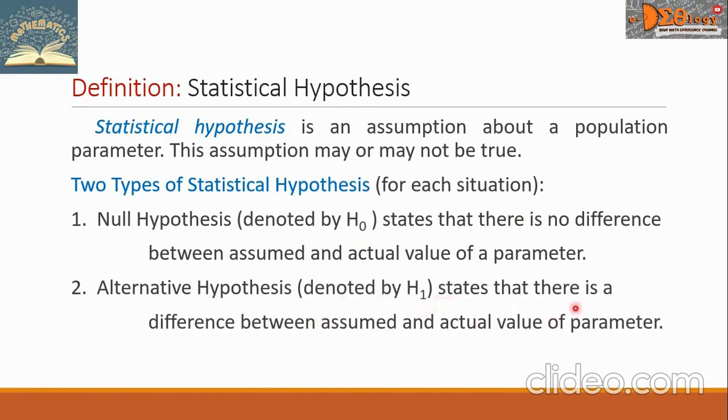It states that there is a difference between assumed and actual value of a parameter. Take note that H sub 0 and H sub 1 are mutually exclusive, and only one can be true.